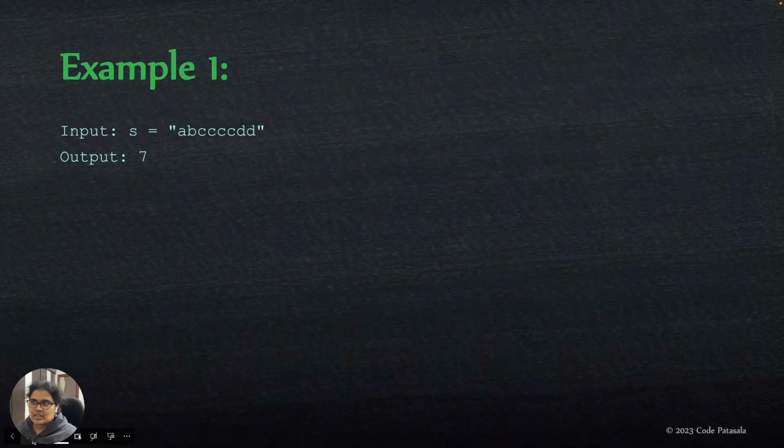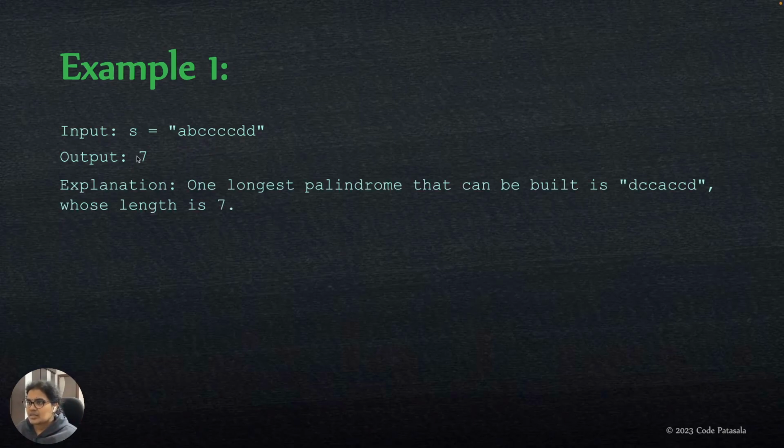Okay, so let's see an example. In this example, we are given input S, which is this string. The output here is 7, which means in the given string we have 1 A, 1 B, 4 C's and 2 D's.